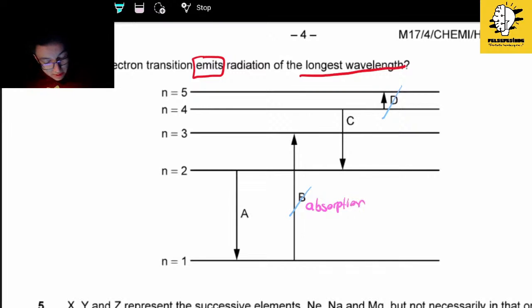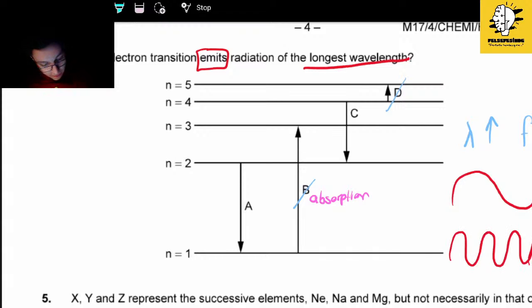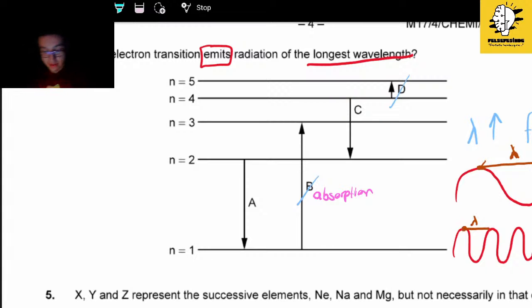And then the second part is about longest wavelength. So as the wavelength increases, the frequency will decrease. Because imagine this. This is one wave and this is another wave, right? And we know that this is the wavelength and this is also the wavelength.